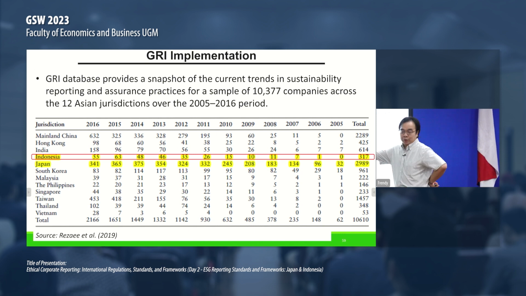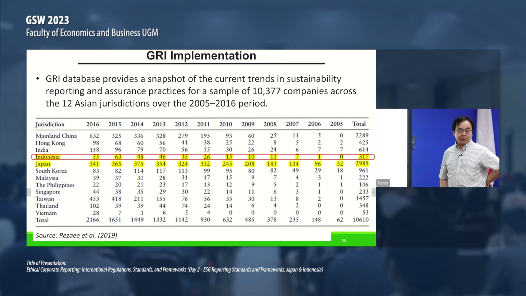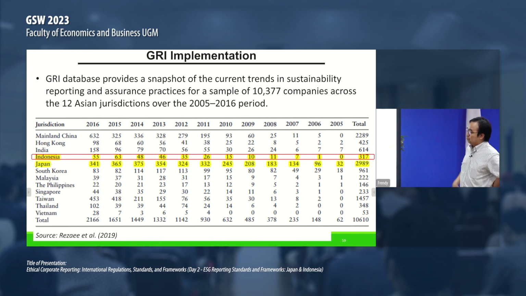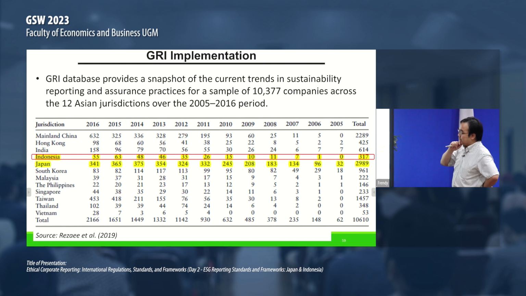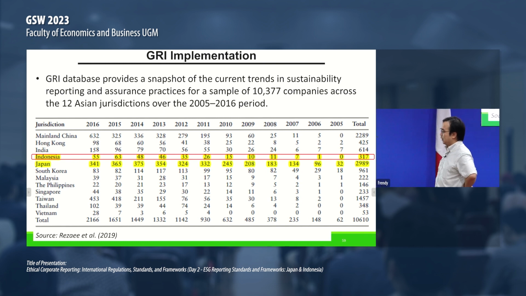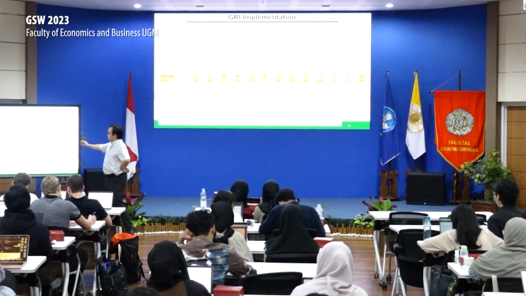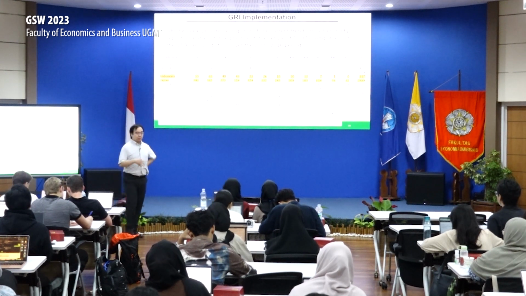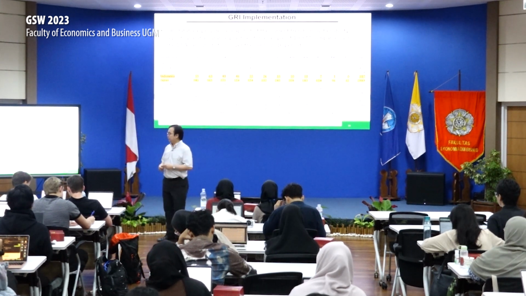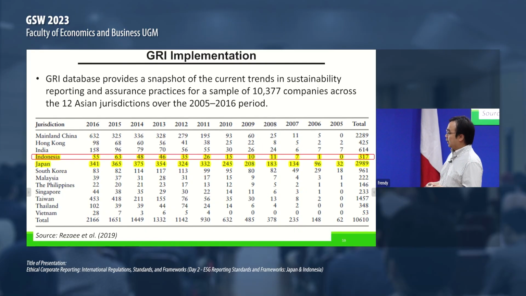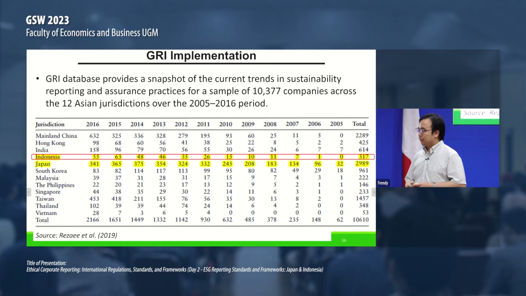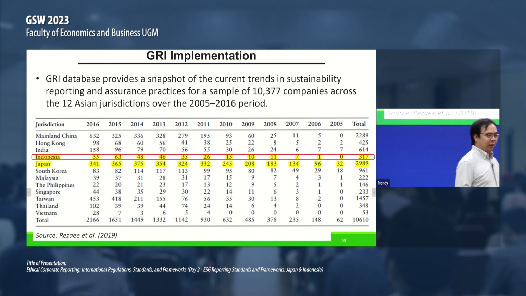From 15 to 26, we see significant growth. And then by the end of 2016, there are about 55 companies, all right? So 317, considering the small number of listed companies in Indonesia, that's not really bad, okay?